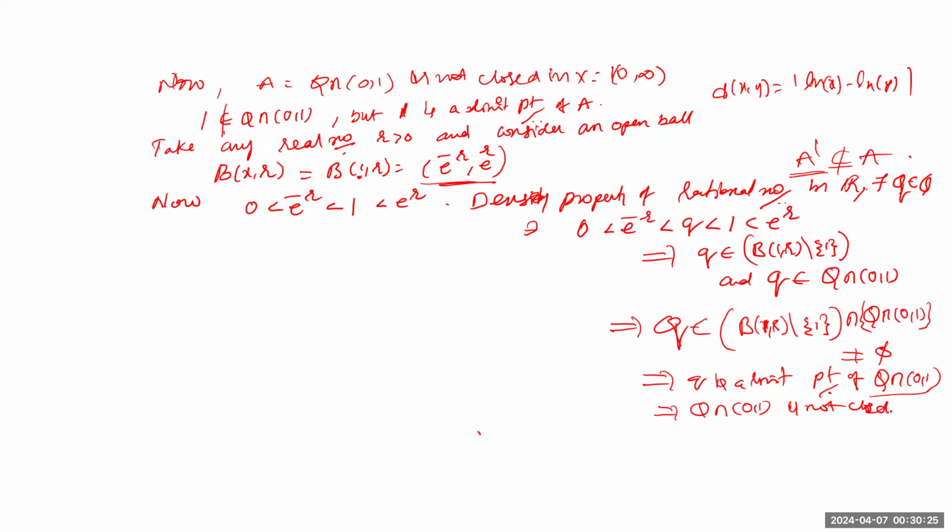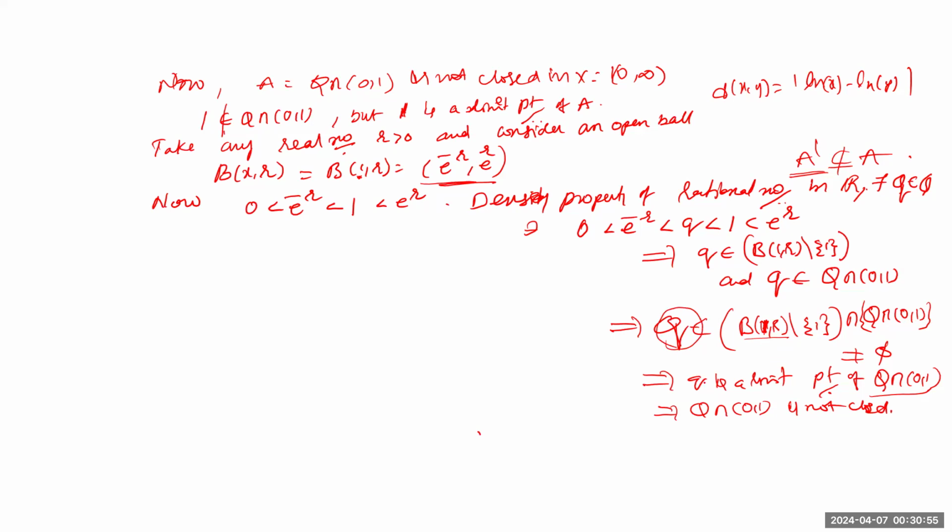So what I proved is this: we construct an open ball with center 1 and radius r, and B(1, r) minus {1} intersected with Q ∩ (0, 1) contains a point.